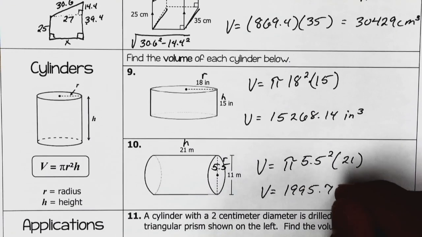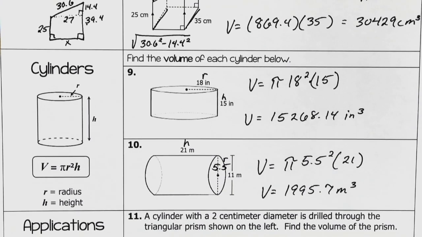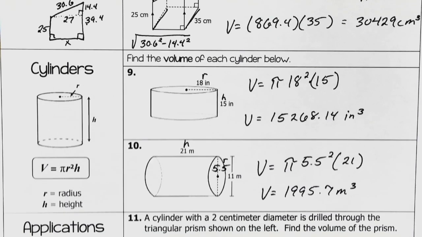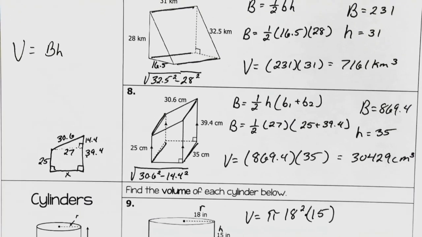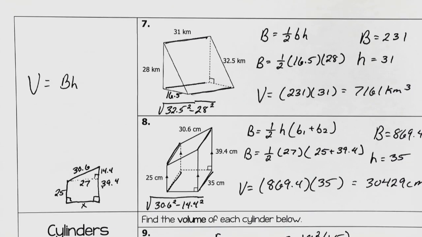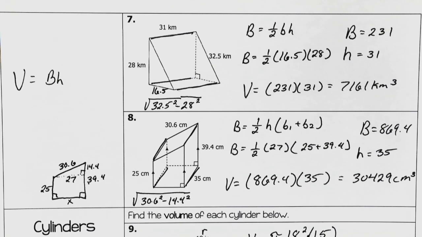And these are meters, so meters cubed. And there you go. Very simple. Just plugging in to finding your volume. So now, of course, there are going to be some cases where you have to do Pythagorean theorem, like these two. So make sure you're aware of those.